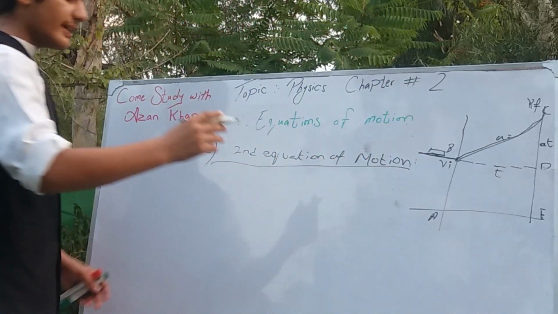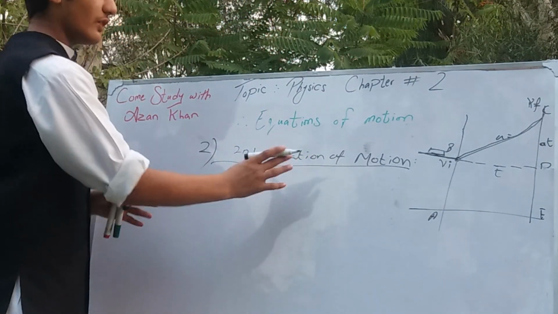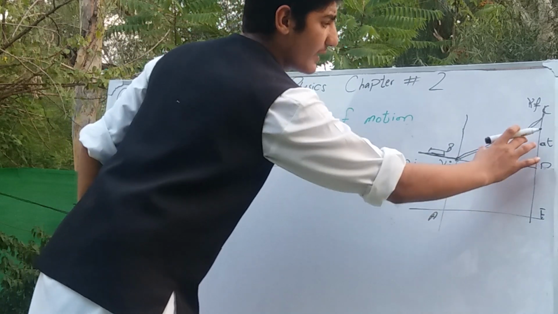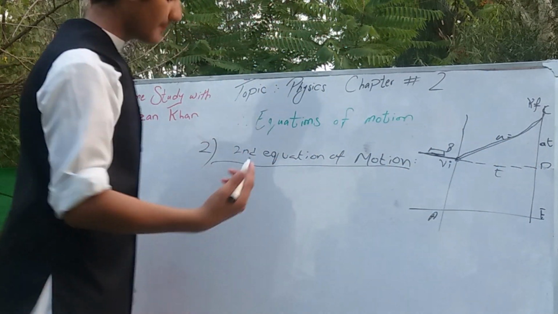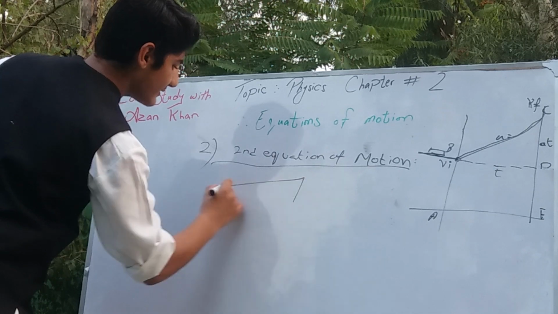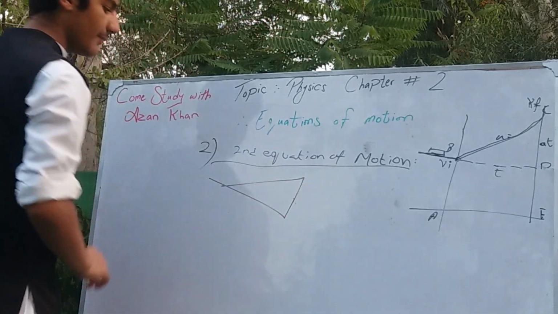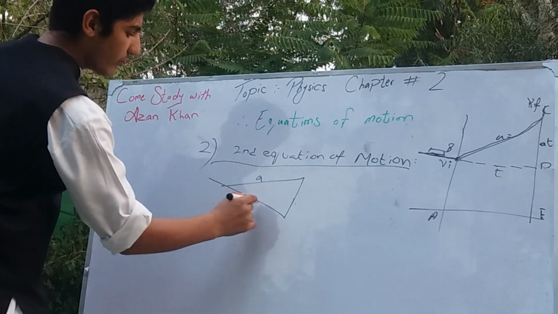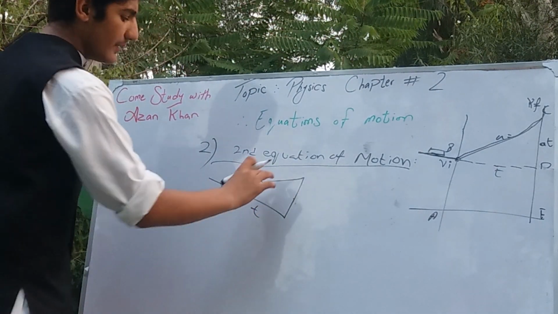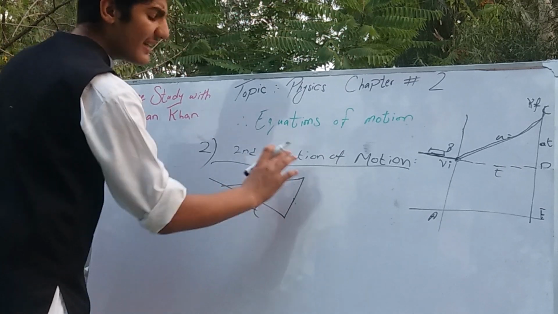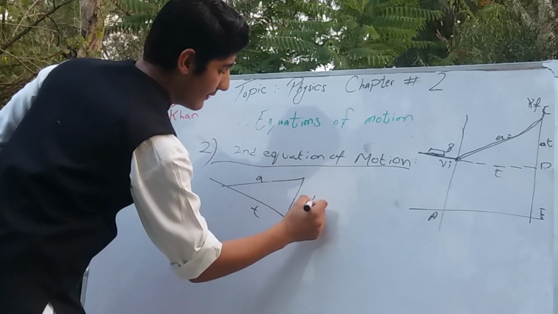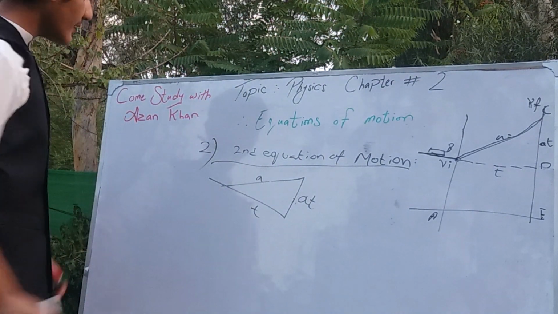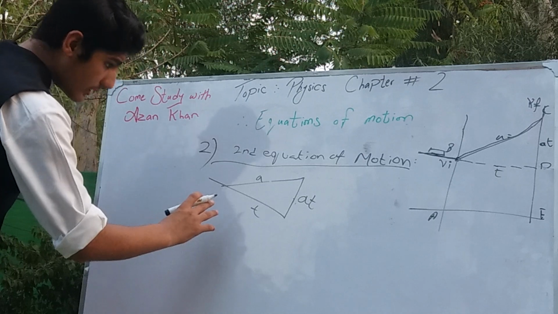Now we will do the derivation of the second equation of motion in two parts. First, this shape makes a triangle. In this triangle, this was the acceleration, this was the time, and their product is at, the height of it.